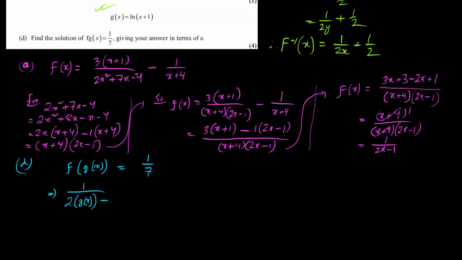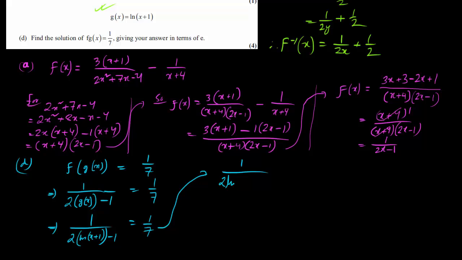So 1 by (2g(x) − 1) equals 1 by 7. And instead of g(x), we write ln(x + 1), so 1 by (2 ln(x + 1) − 1) equals 1 by 7.